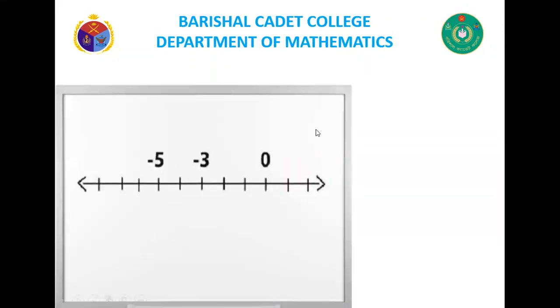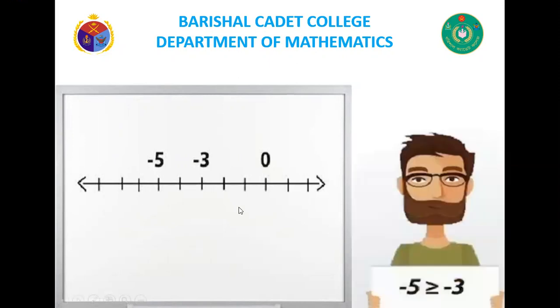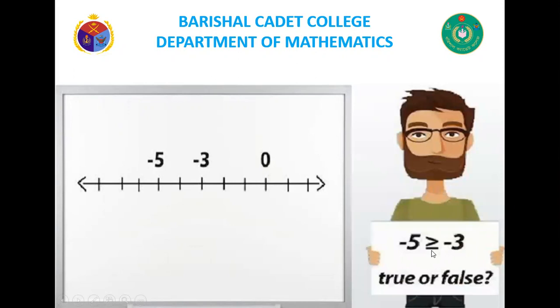Dear cadets, what can you see here? Yes, this is a number line. With the help of this number line, we can represent all the real numbers. Again, what can you see here? Here, -5 greater than or equal to -3.